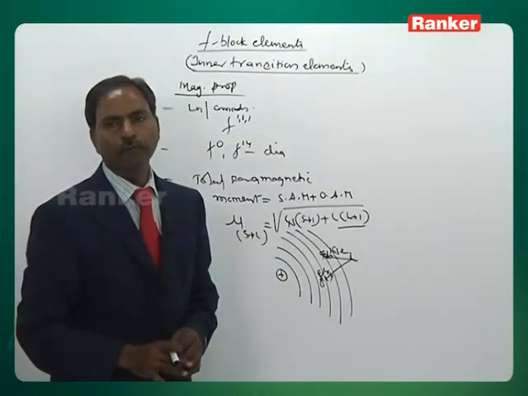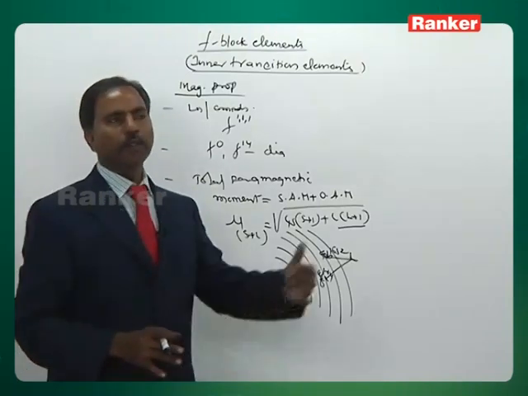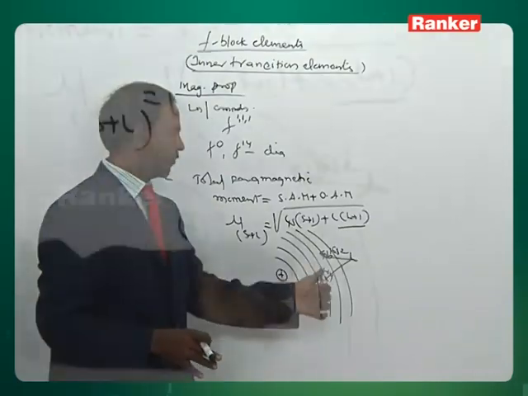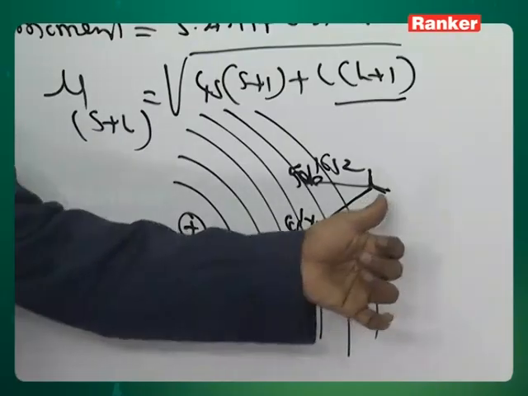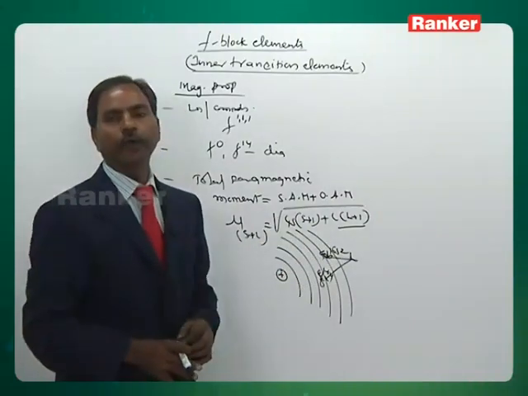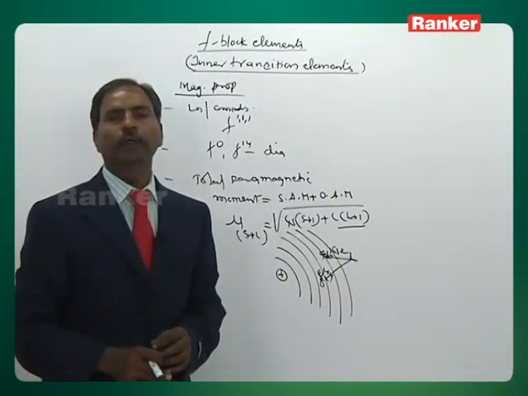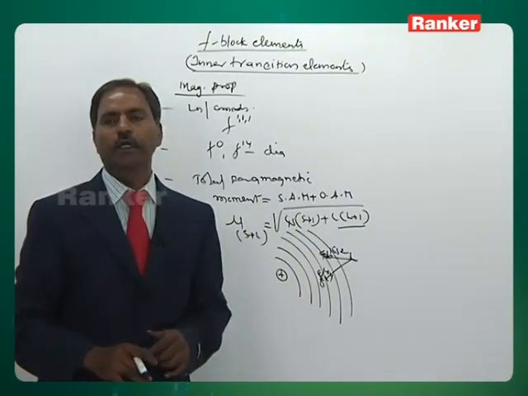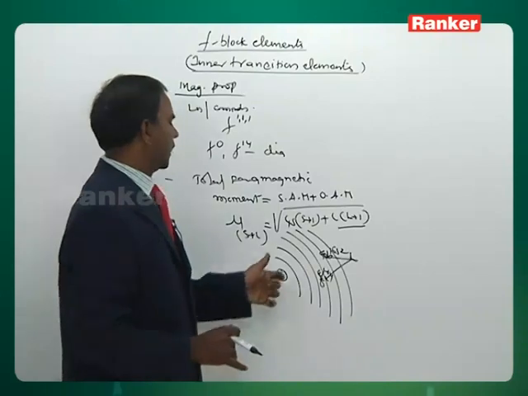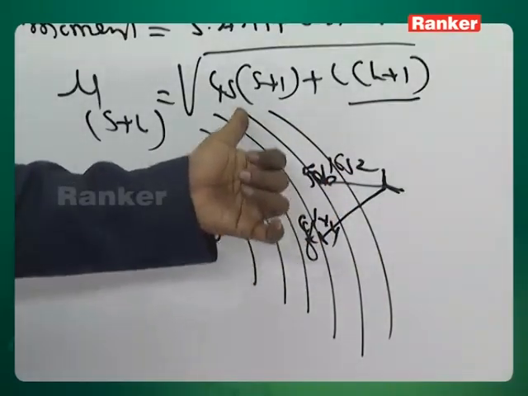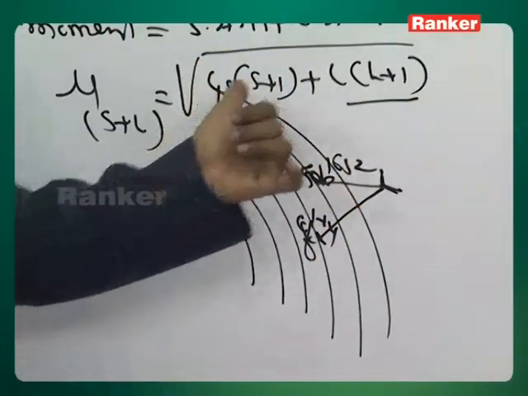But in the case of lanthanides or f block elements, the orbital angular moment is not quenched by the ligand fields, because f orbitals are deeply seated and not affected by the ligand fields. Therefore, the total equation you have to apply to calculate the total paramagnetic moment of lanthanides or f block elements.